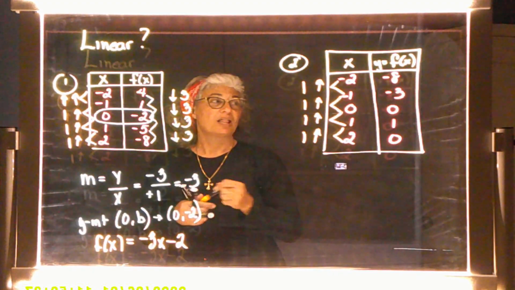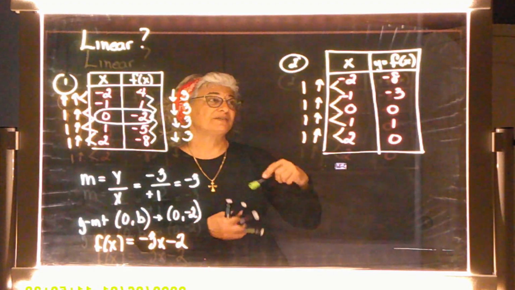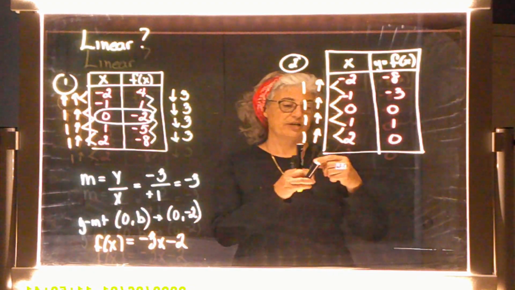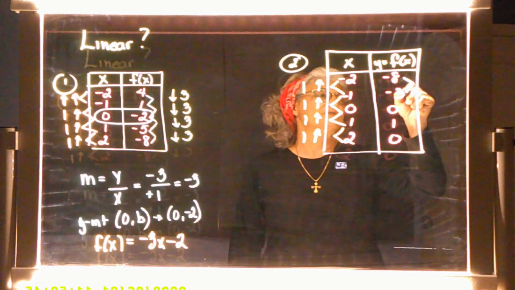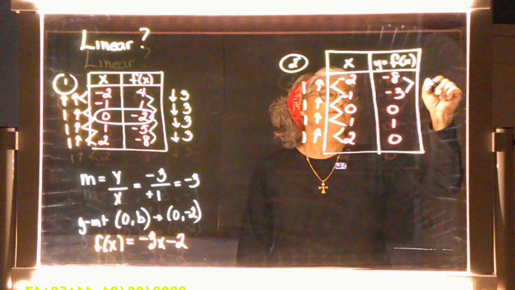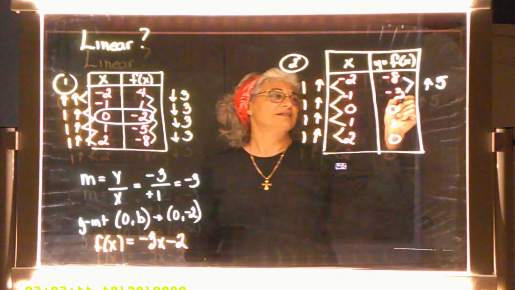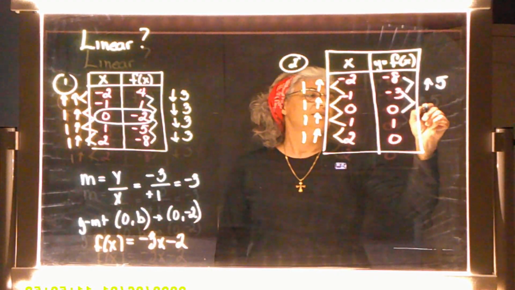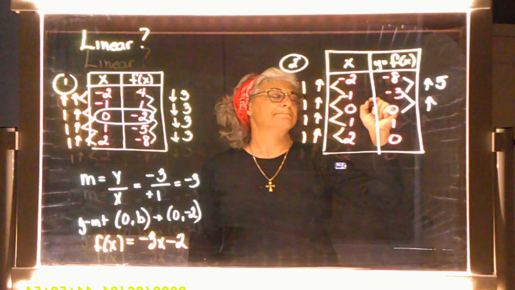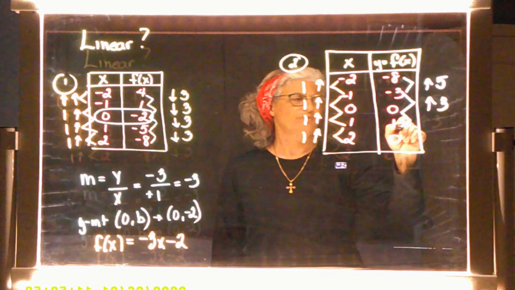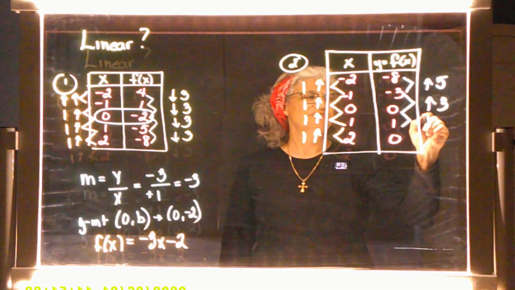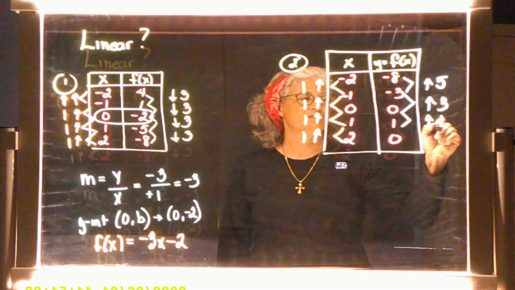Cool. Now, let's take a look at our y values. The first two y values, yeah, they're going up by 5, right? These two y values, they are also going up, but they're going up by 3. These two y's, yeah, they also went up, but they went up by 1.